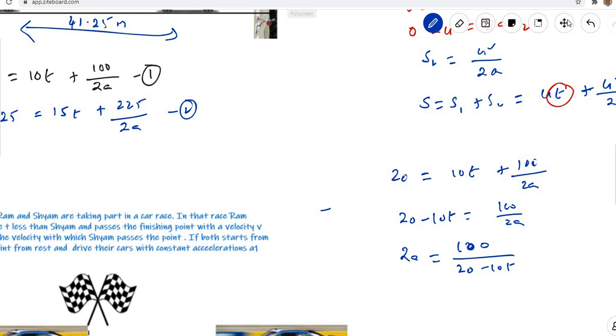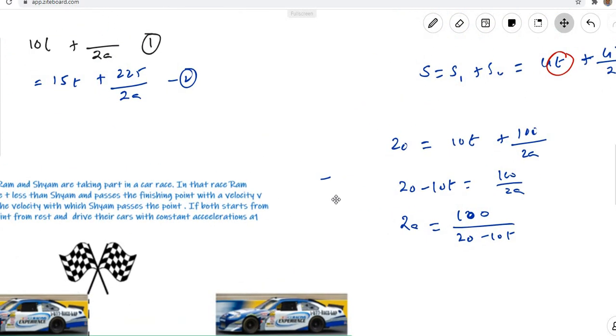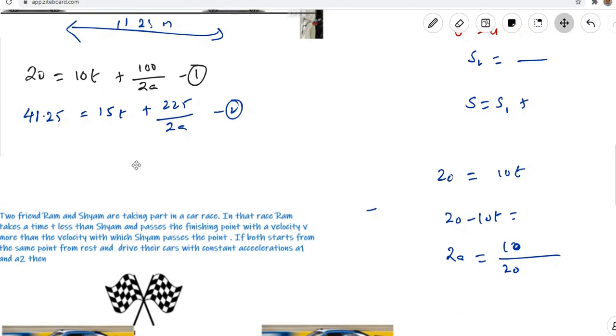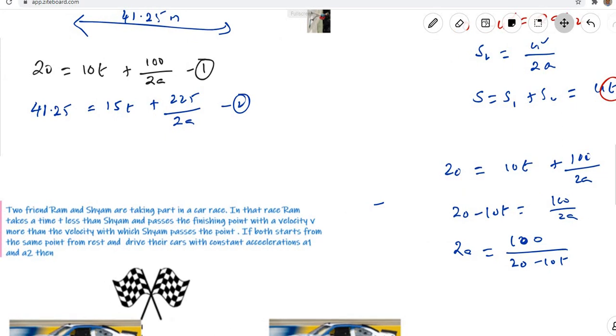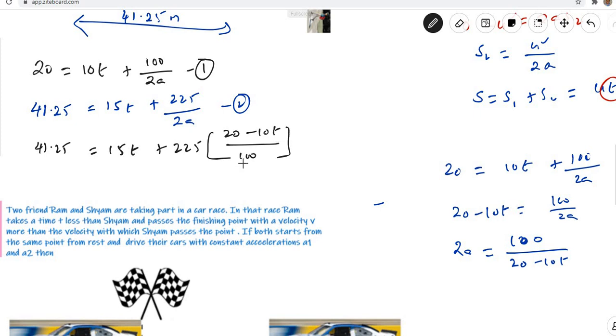So what I'll do is, I'll take this value and put it in the second equation. What is the second equation? In the place of 2a, we keep that. So what happens is, 41.25 is equal to 15t plus this 225 will be here, and if you substitute, this value will go up. So 20 minus 10t whole upon 100. Okay, because we are eliminating.